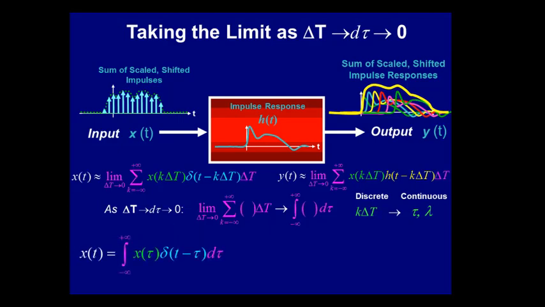And the input then, re-expressed as a continuous integral, becomes x of tau, k delta t became tau, a sum, an integral, of shifted impulses multiplied by x at the center of the impulse. And the response became an integral of same scaling impulse responses with the same shifts as on the input.